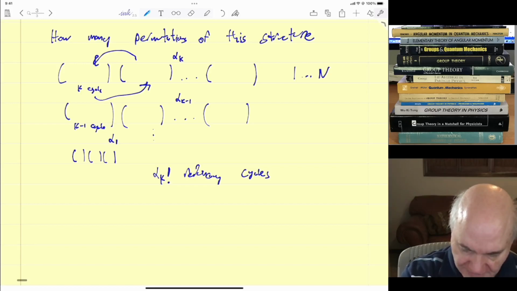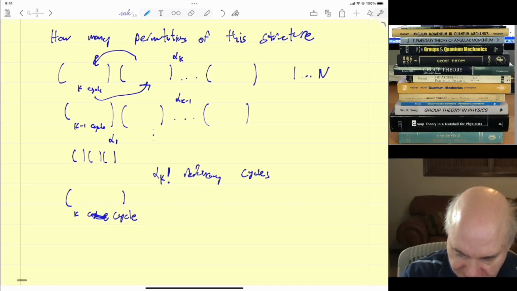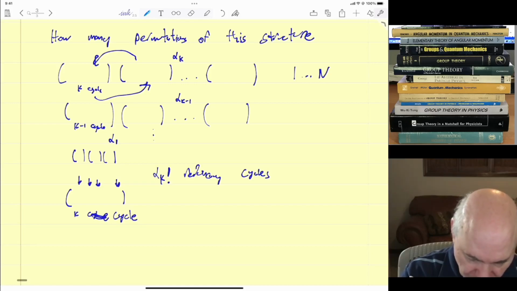And then within each cycle, within a k cycle, let's say the integer 5 goes in here, I can place it here, I could place it here, or I could place it here. I'm confusing myself, j or k.